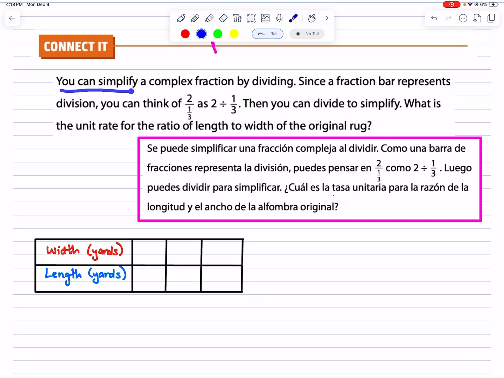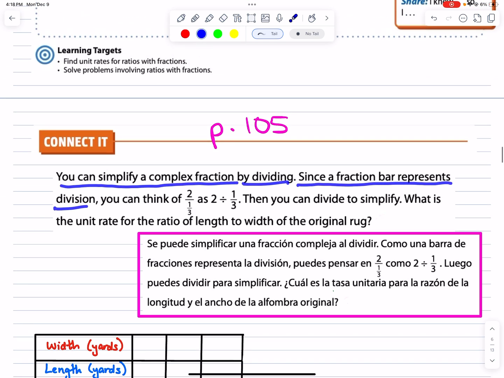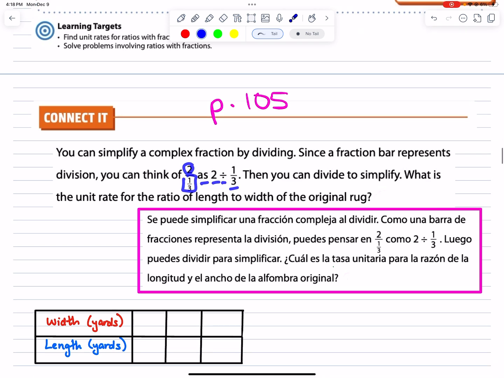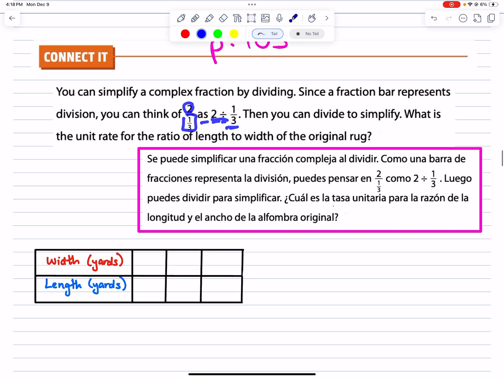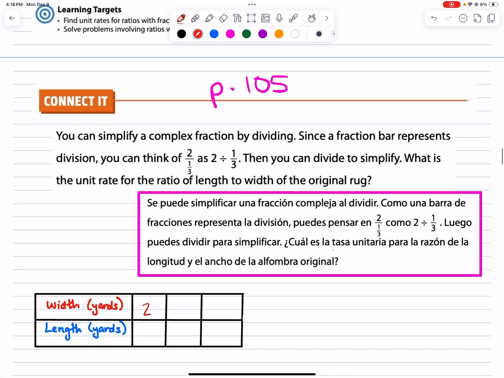Let's connect it. You can simplify a complex fraction by dividing. Since a fraction bar represents division, you can think of 2 divided by 1/3, from left to right like this. I wrote this because 2, 4, 6 and 1/3, 2/3, 3/3, or just 1.